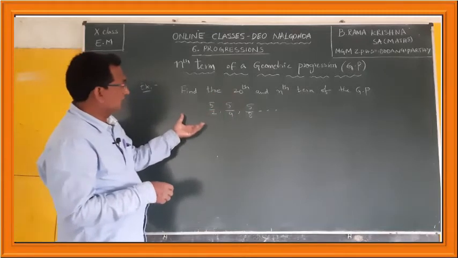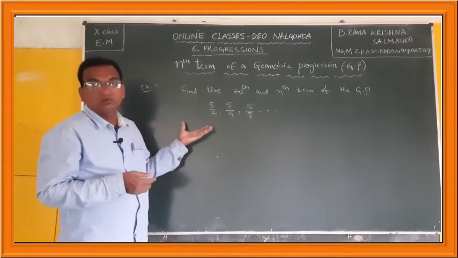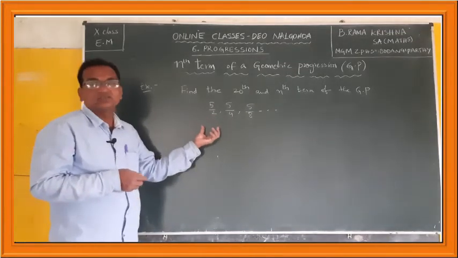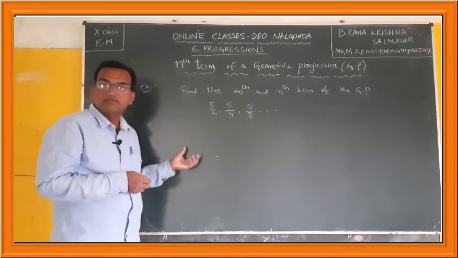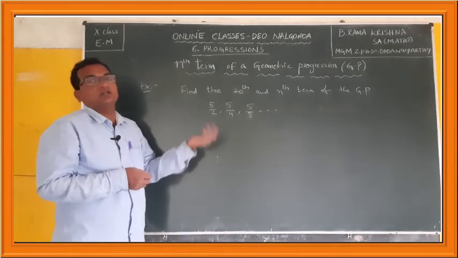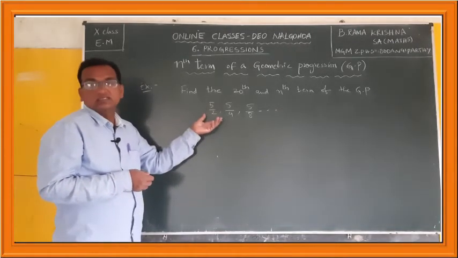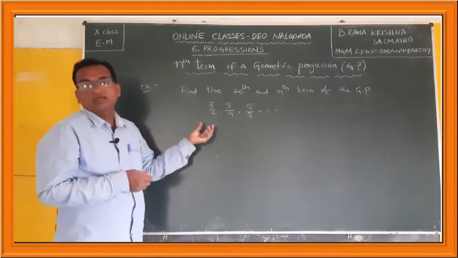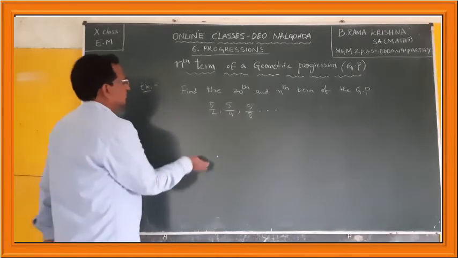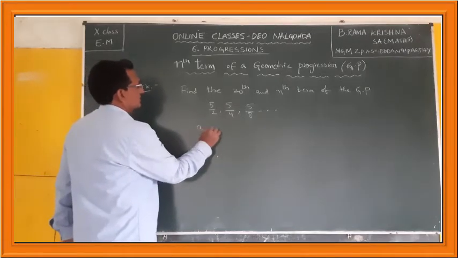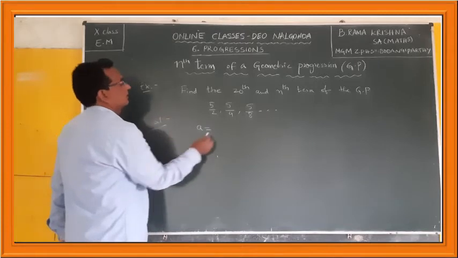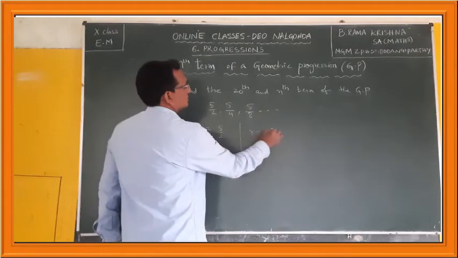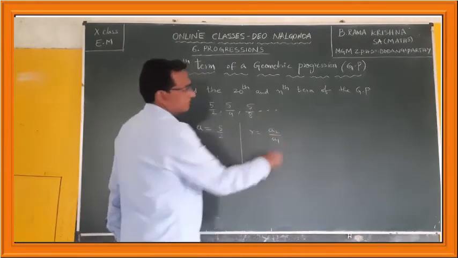So how do you get those? Seeing the geometric progression itself, you can tell the first term, a, is given. R is the common ratio. Already he told us this is a geometric progression, so just calculate r by using the formula a2 by a1. Let me write those things. a equals 5 by 2. Now r equals a2 by a1.